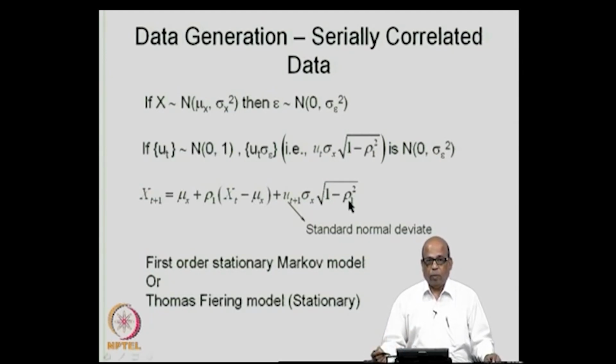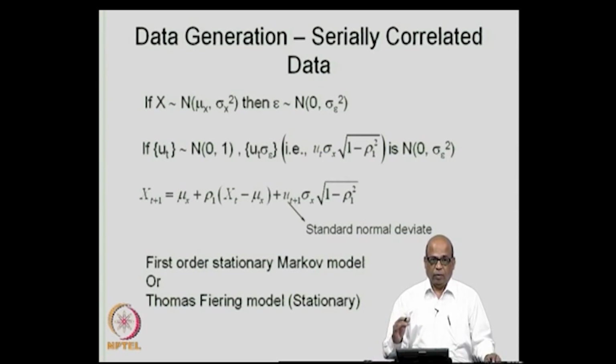The first order Markov model is very popular in hydrologic data generation, especially when we are talking about annual stream flows. The first order Markov model is straight away used, and annual stream flows, as I mentioned, are very useful in making hydrologic designs.